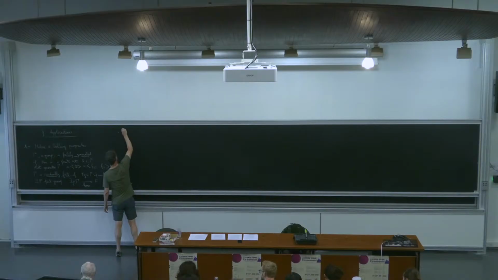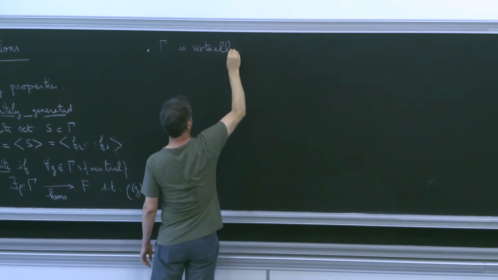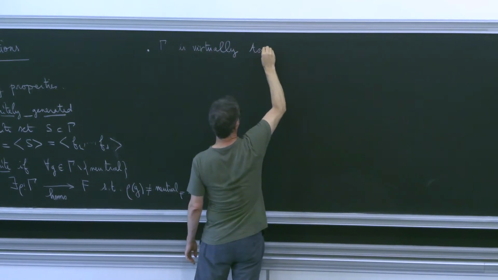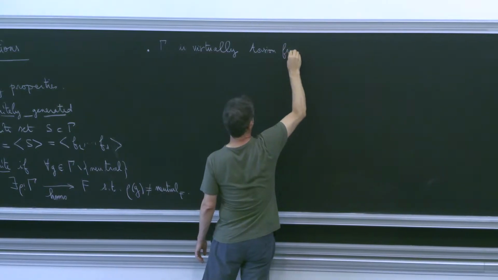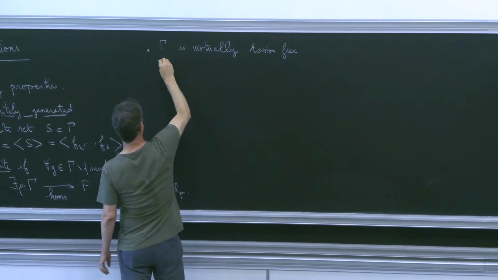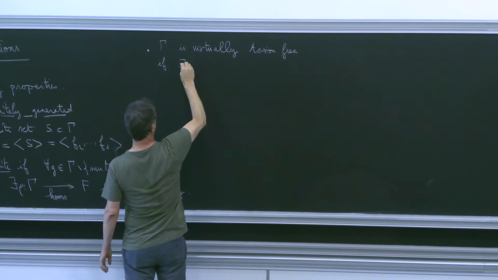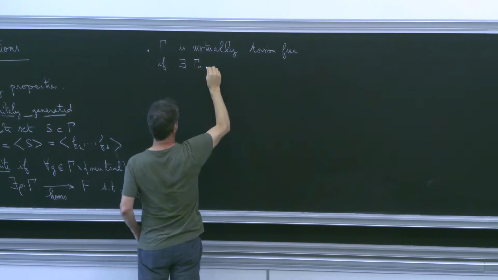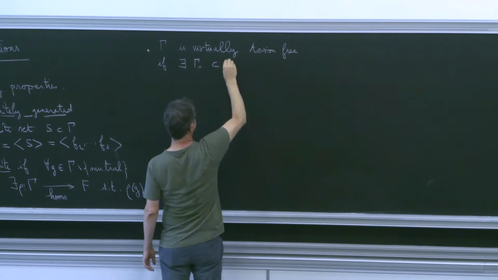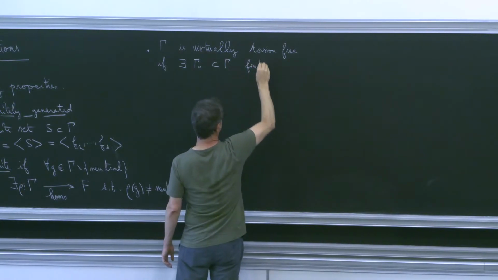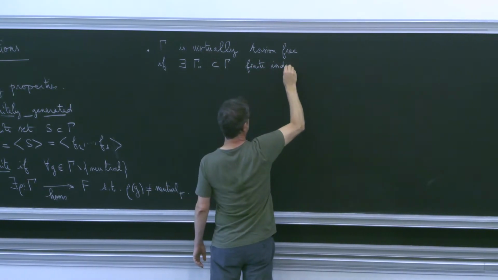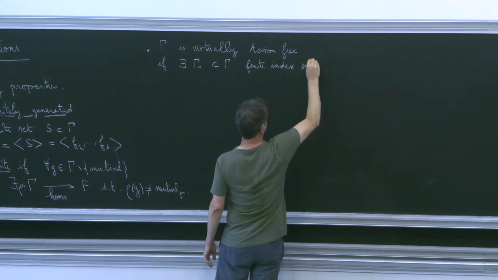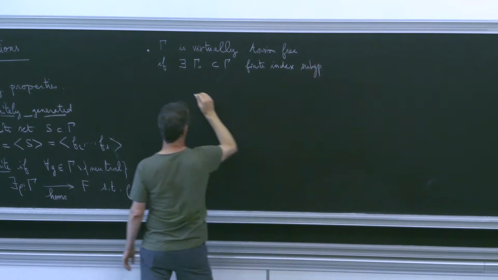And gamma is virtually torsion-free if there is a finite index subgroup in gamma which is torsion-free.